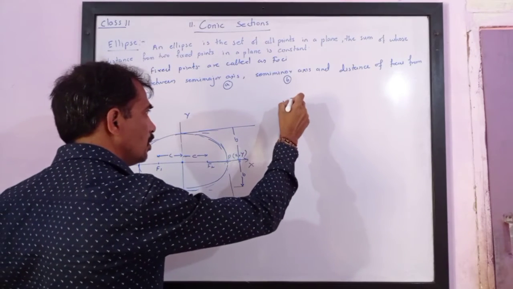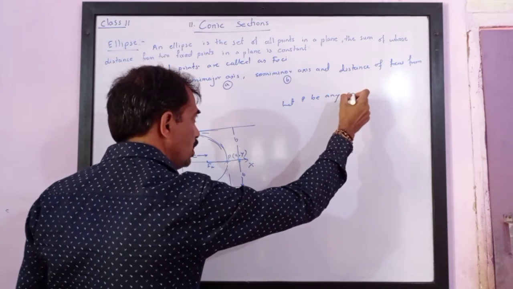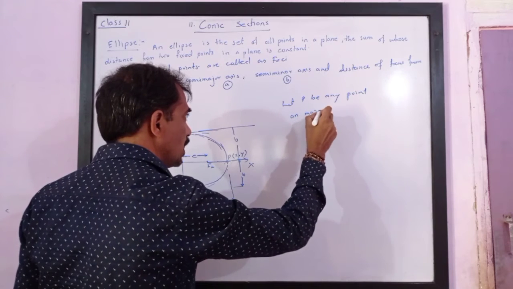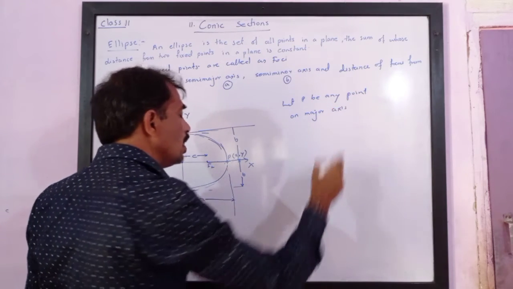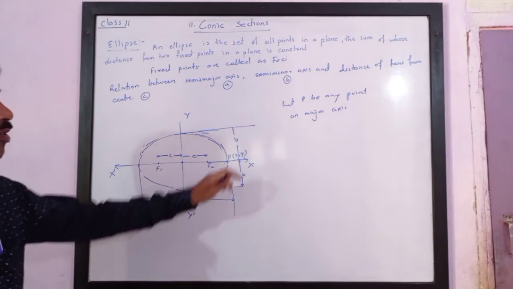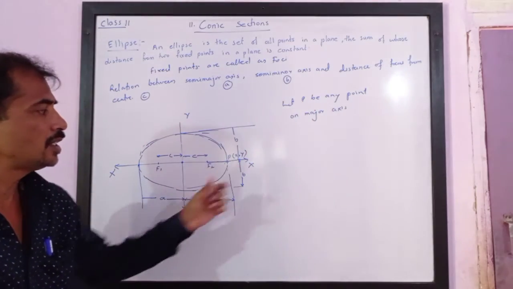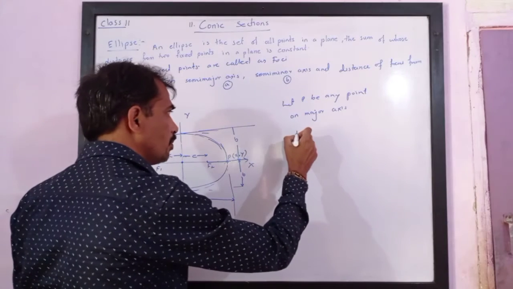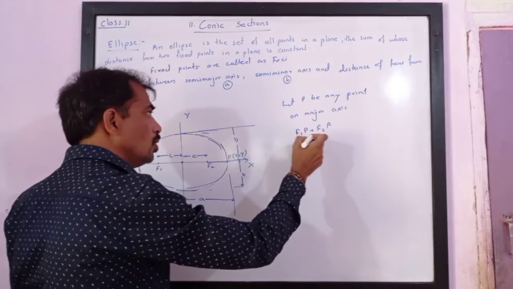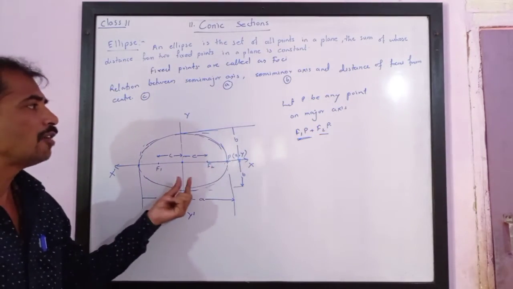Now, in order to find the relation between A, B and C, we know that this P is at the distance F1P plus F2P. So the sum of the distances from the two foci will be F1P plus F2P.